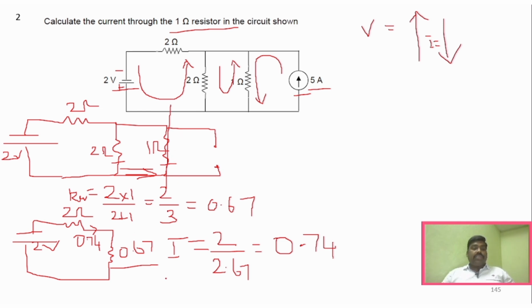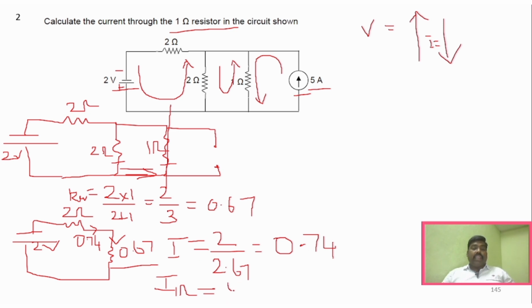I will use the current division rule. I need to find out the current across the 1 ohm resistor, right? So what is the current division rule? That is the total current into the opposite branch. So we have to take the opposite branch, divided by the total resistance.